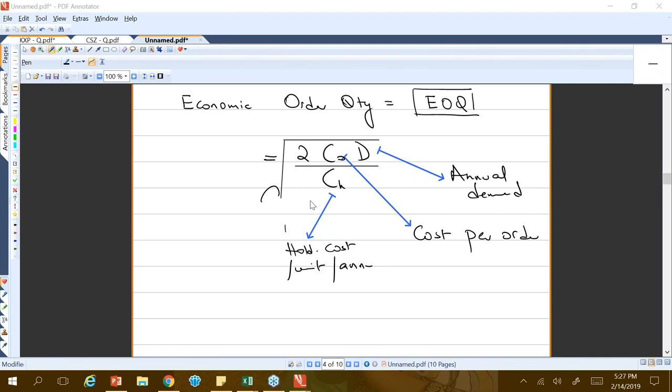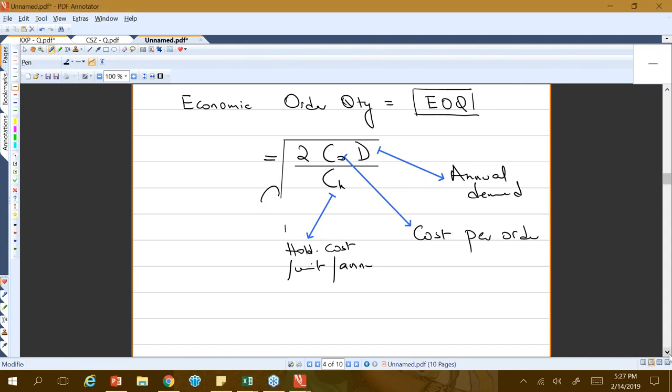Brilliant. Again, some really good answers. Some of the answers are that it looks at an ordering level at which the costs are minimum. We need to reorder the quantity of order we should place where the costs are minimum. Yes, all good.